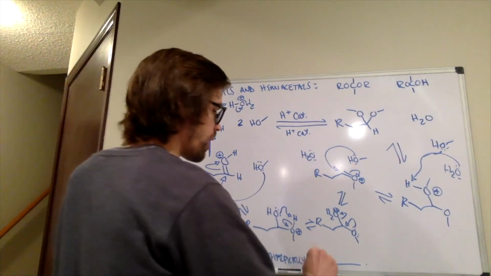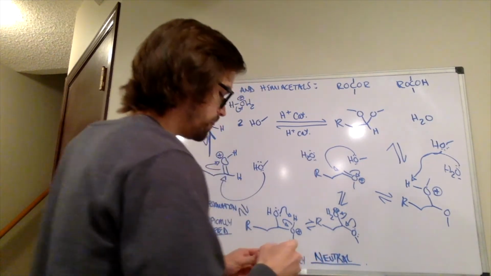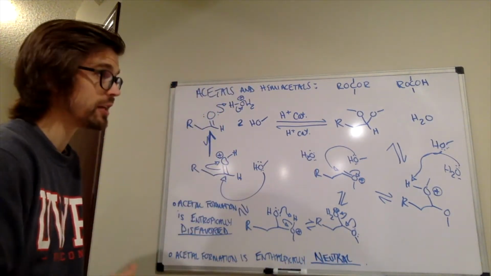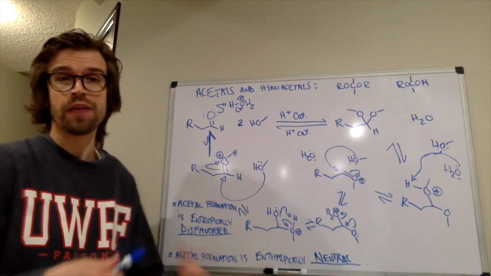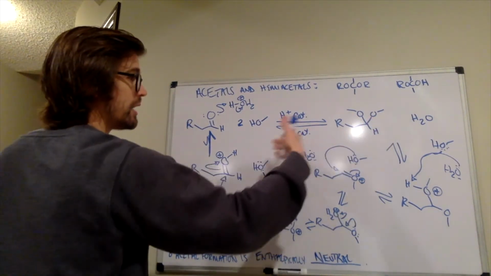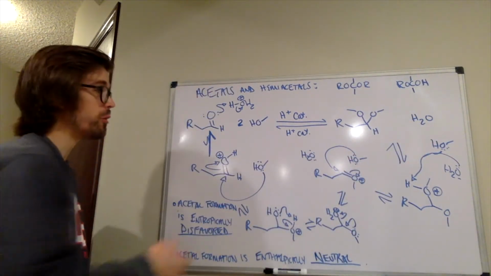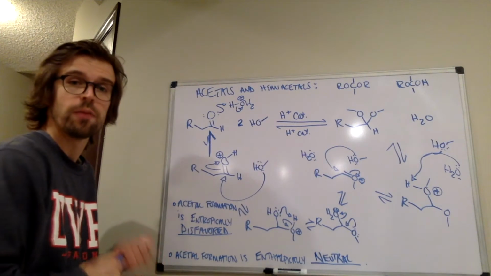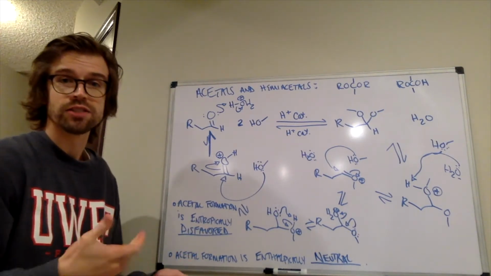So we'll call it neutral because it is just so slightly favored. So essentially, this is a disfavored process. Again, can we push it to the right side, to over here as the products? Maybe. We would have to really swamp it with reagent, but it is going to be kind of a challenge.